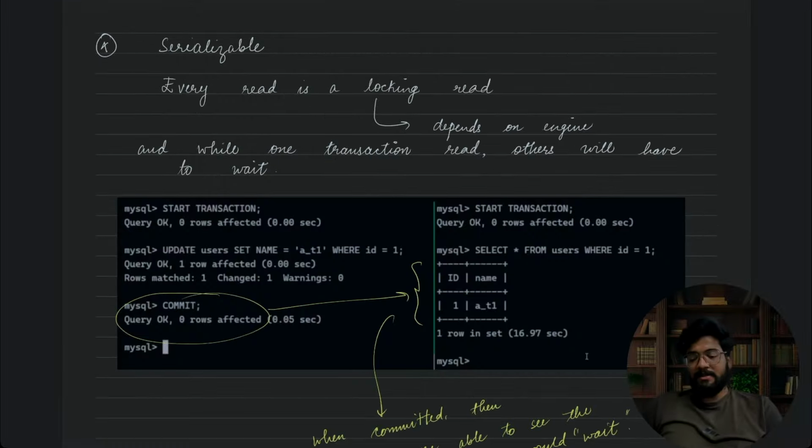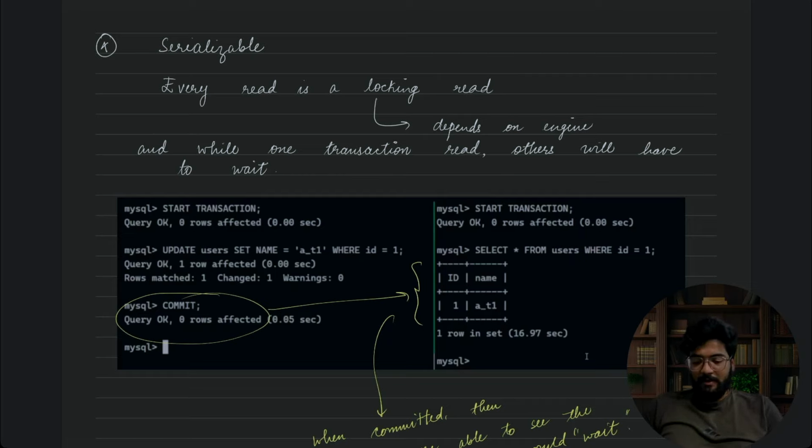In the end, let's talk about the fourth type of isolation level, which is serializable. What it means is that every read you do is a locking read. Whenever a transaction is reading the data, other transactions have to wait.